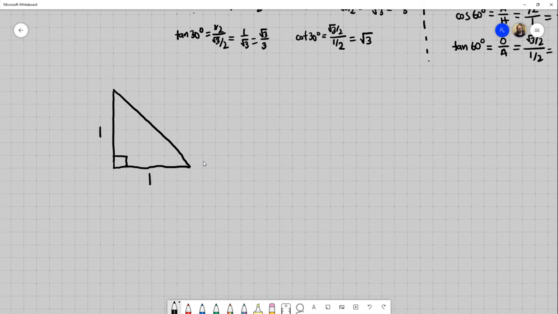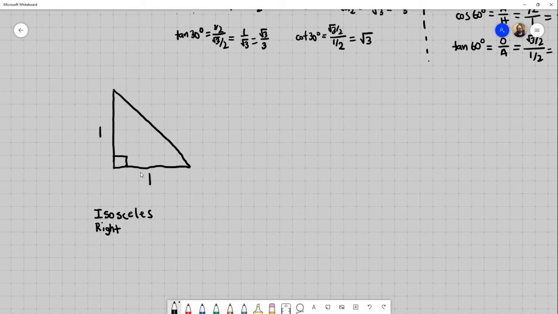So an isosceles, let's make sure, hopefully I can spell this right. Isosceles triangle has 2 side lengths that are the same, and in an isosceles right triangle, these identical side lengths surround a right angle.